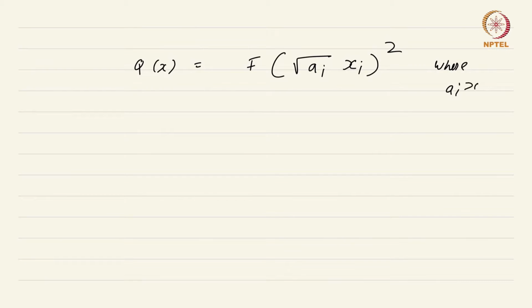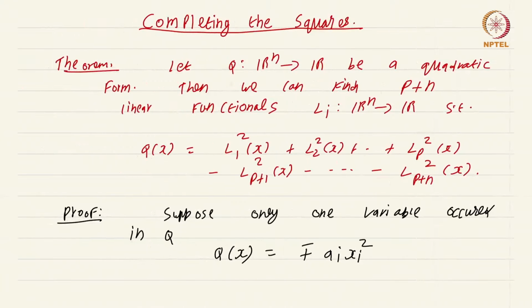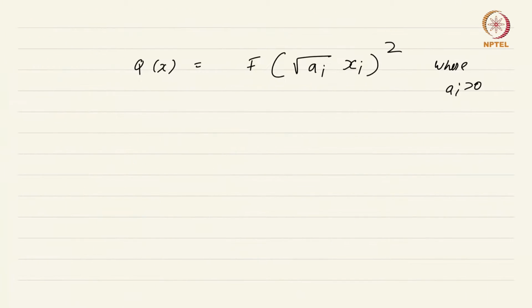You can just write Q of x as plus or minus square root of ai times xi, squared, where ai is greater than 0. I'm assuming here that ai is greater than 0, otherwise there was no reason to put a plus or minus in front, if ai is allowed to be negative also. So the case r equal to 1 is trivial.